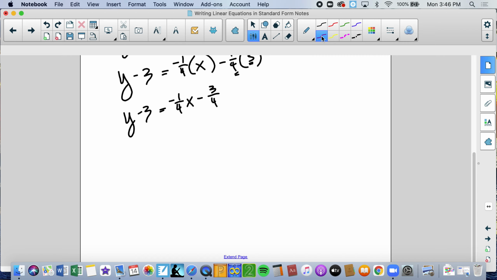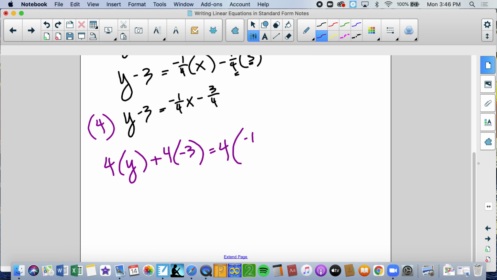So our denominators are 4, so I'm going to multiply everything times 4. 4 times y plus 4 times -3 equals 4 times -1/4 x plus 4 times -3/4. 4 times y gives me 4y. 4 times -3 is -12 equals 4 times -1/4 x.